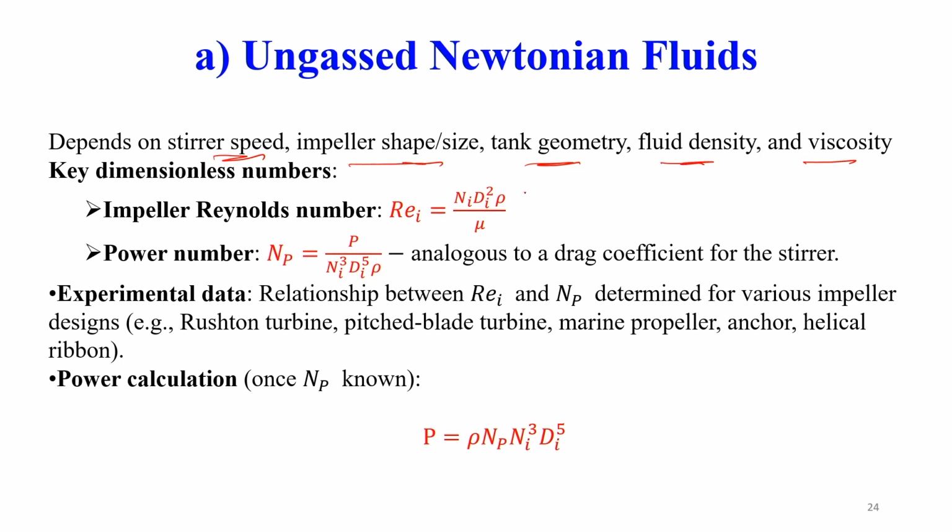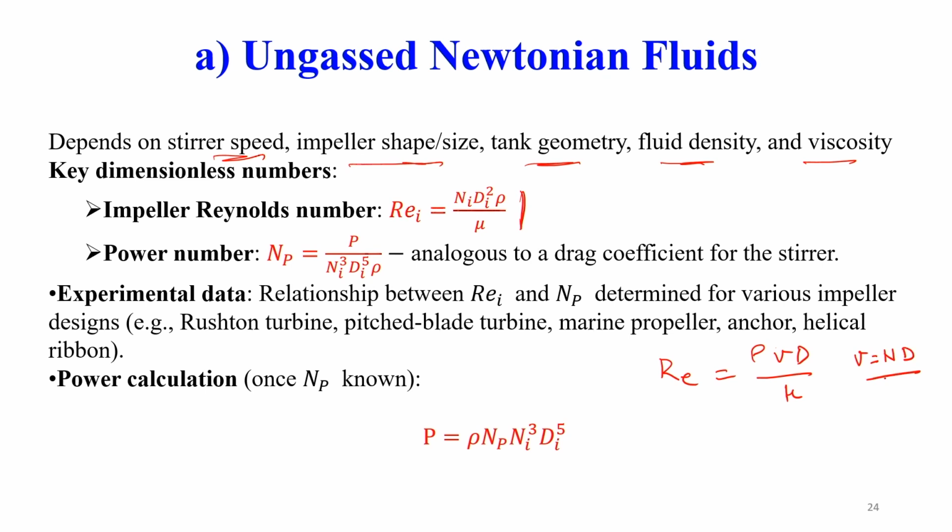Now, there is certain terminology which we need to understand in the case of power requirement, particularly the Reynolds number. As we have discussed, Reynolds number is defined as rho v d upon mu. Now, in the case of impeller Reynolds number, this velocity is replaced by N into d.